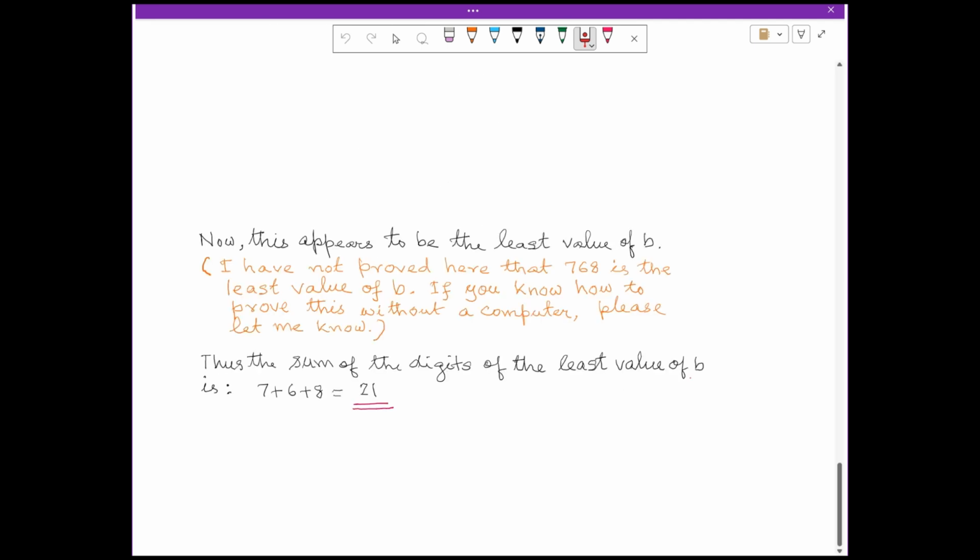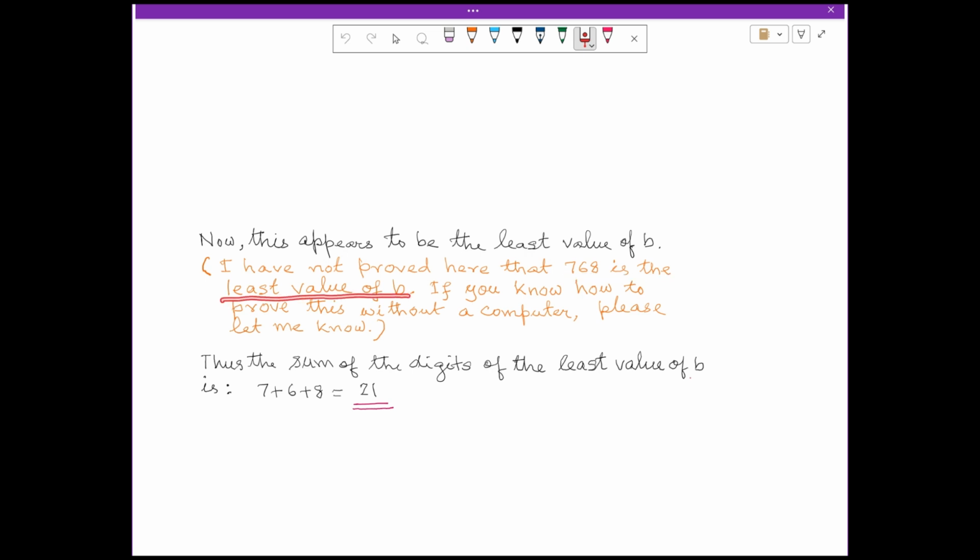Now, I have to emphasize that this appears to be the least value of b. I have not proved here that 768 is the least value of b.